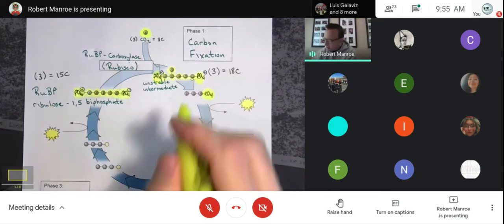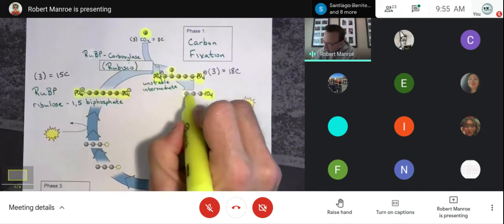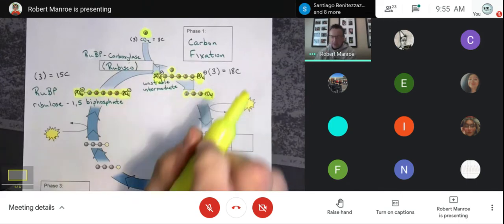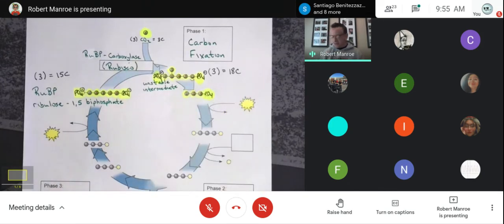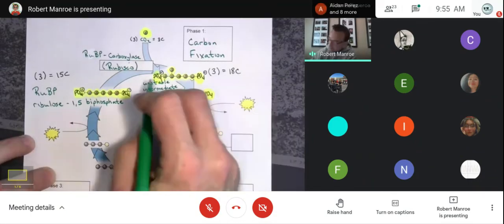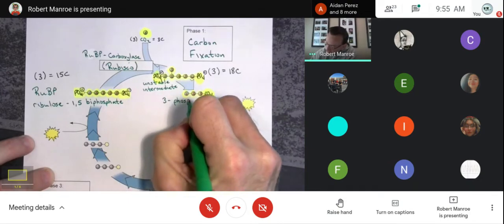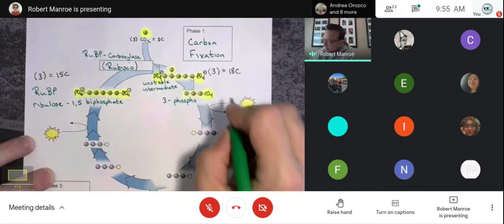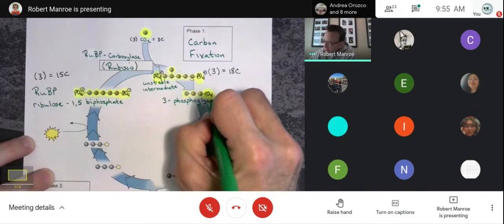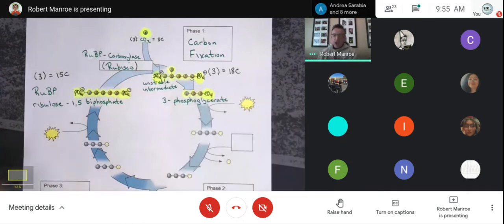Okay, but here are your 3 carbons here. 1, 2, 3. Okay, cool. This has a name. It's called 3-phosphoglycerate, if you want to know. But nobody calls it 3-phosphoglycerate.